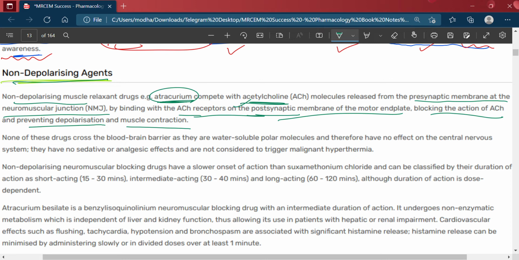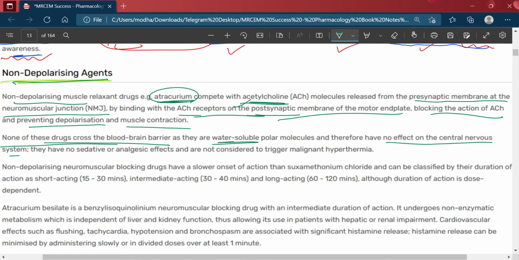None of these drugs cross the blood-brain barrier, as they are water soluble polar molecules and therefore have no effect on the CNS.